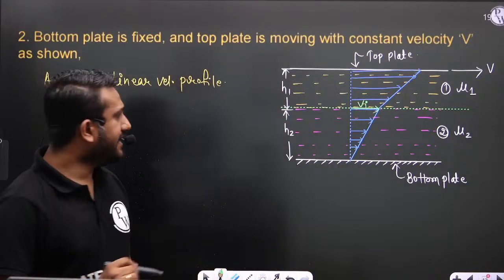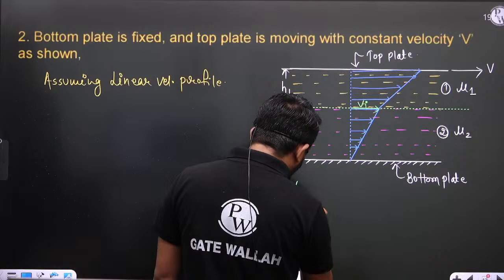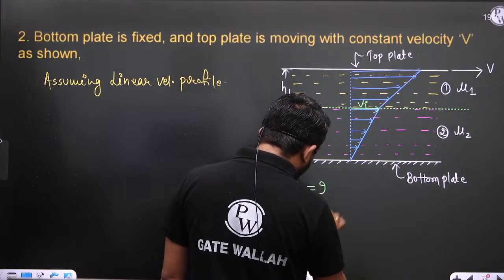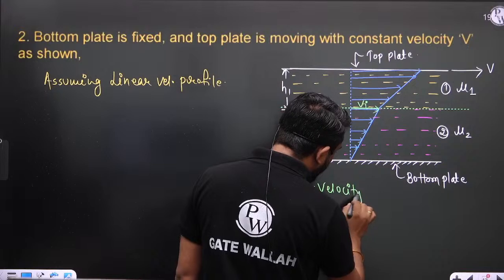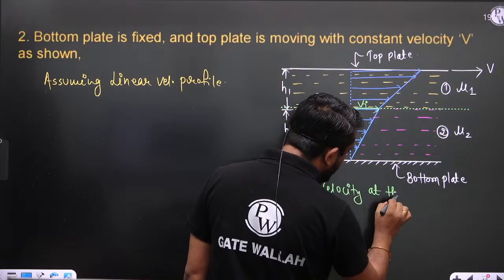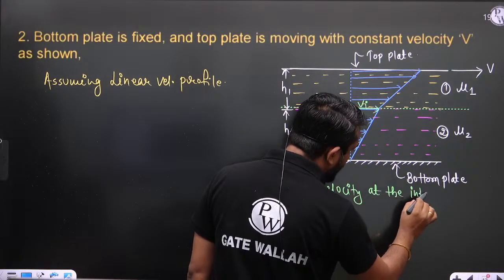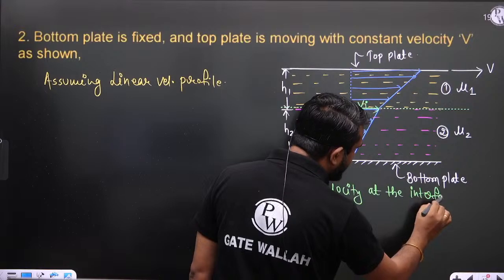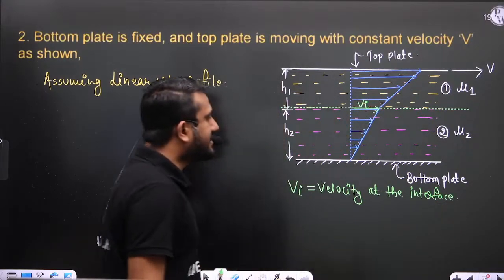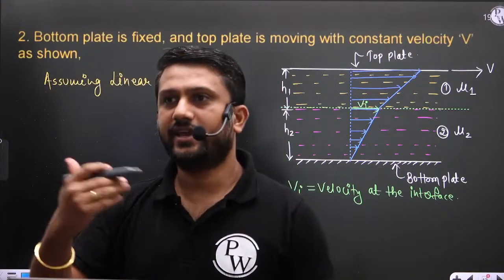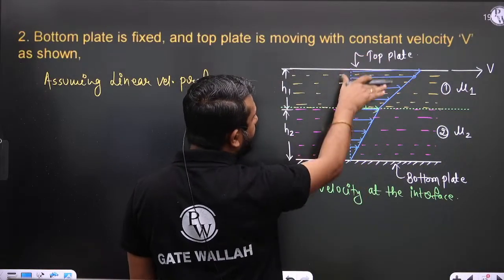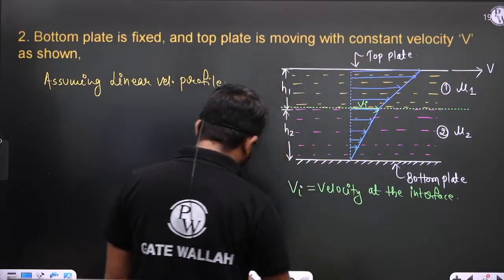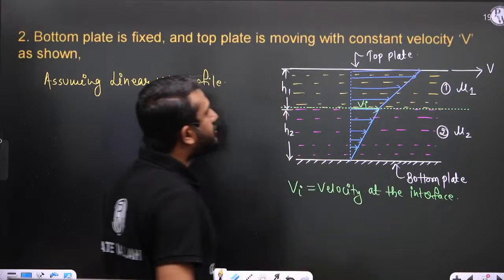What is VI? That VI is the velocity at the interface, whereas V is the velocity of the top layer.